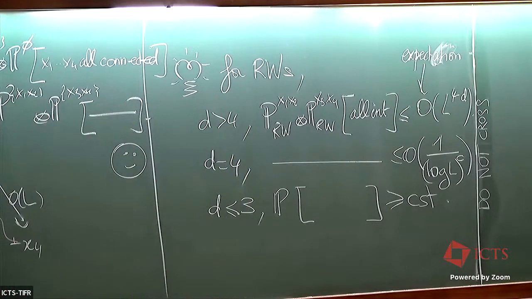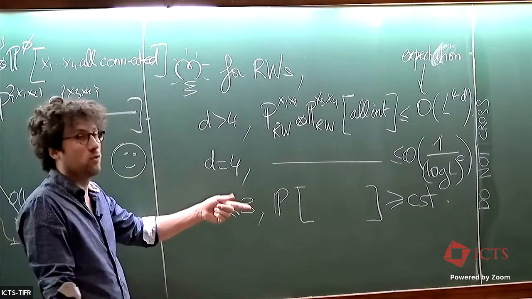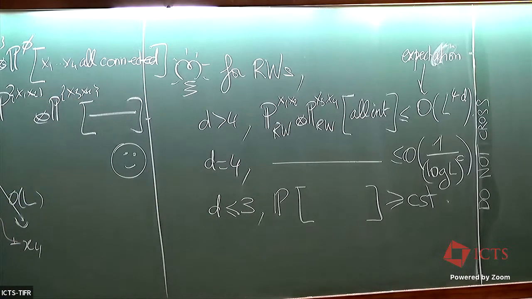If I have time, I will state an improvement on this bound, which we will have to prove tomorrow, that just consists in looking at the expectation. This improvement will allow us to go to dimension 4. What we will have to do is prove basically that if there is an intersection, then in fact there are many.